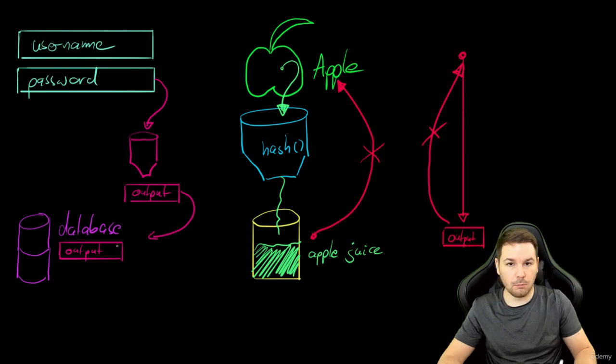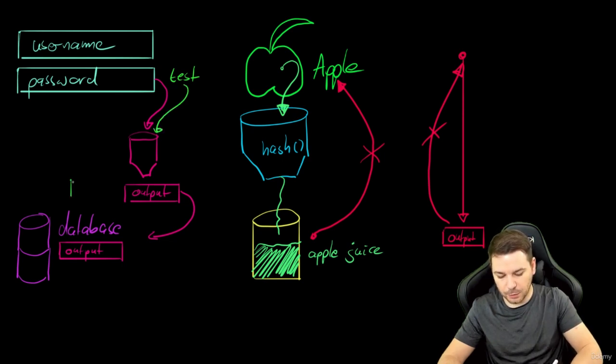All right. But now the question is, how can we make sure that the user has entered the correct password? The approach is pretty simple. If the user now enters a password, for example, test, then all we need to do is put this password into the same hash function over here, and then we compare those two outputs.